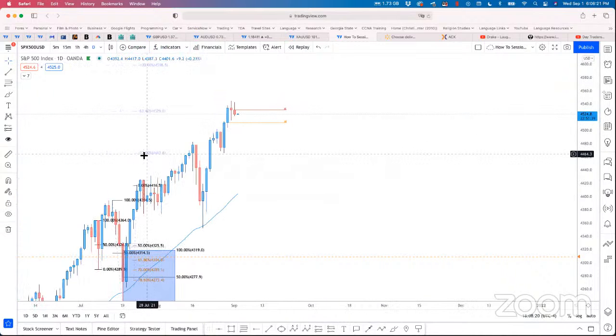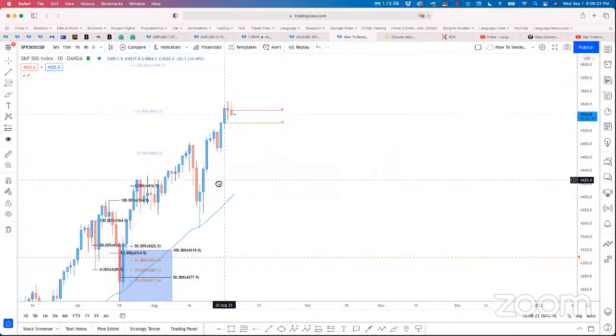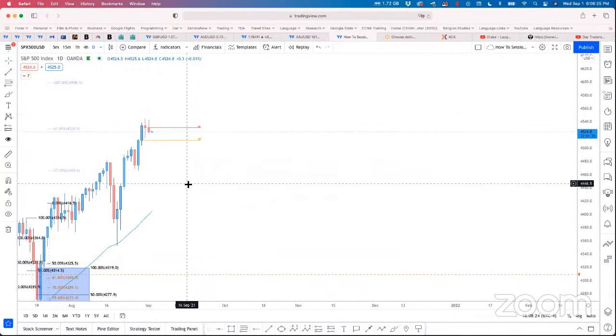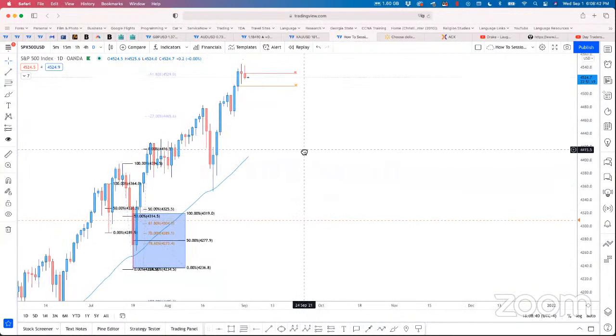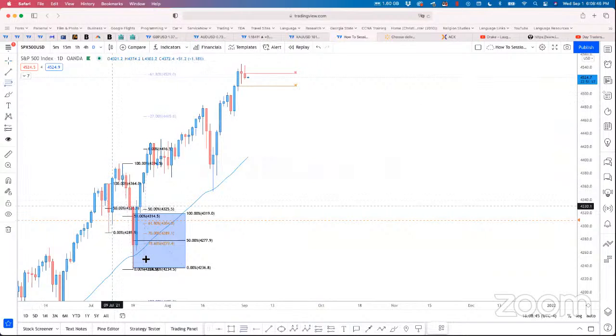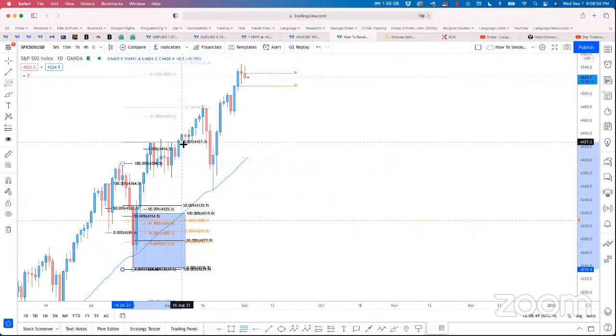I think before we get that, we probably are going to want to push up a little more. Let me see. We measure this last move here to here.